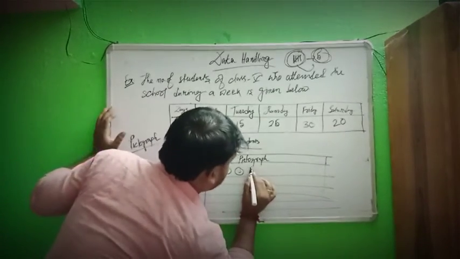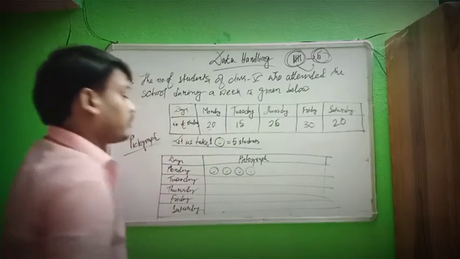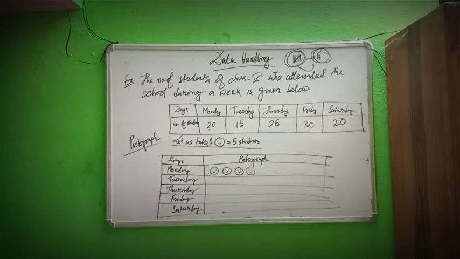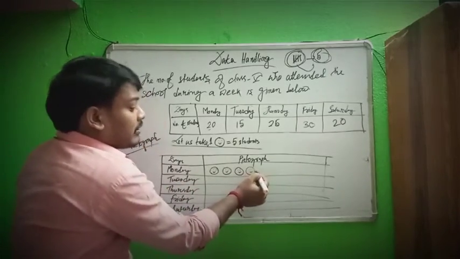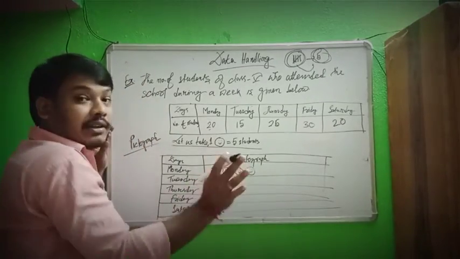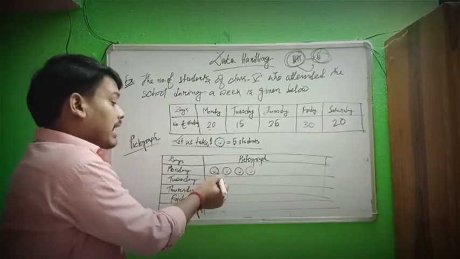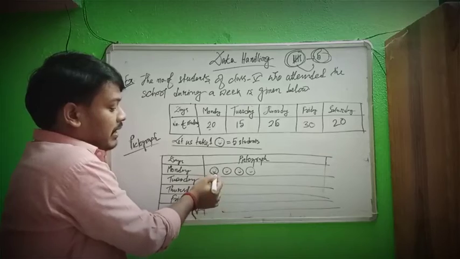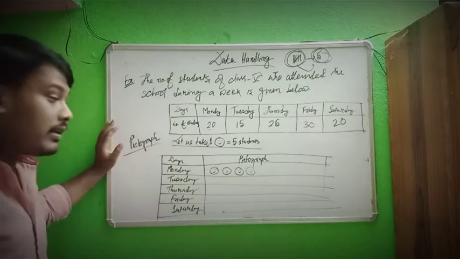If we draw four pictures, then it is 20. So we represent this 20 by picture only. That's why it's called a pictograph. One picture means 5, 5 plus 5 is 10, plus 5 is 15, plus 5 is 20.